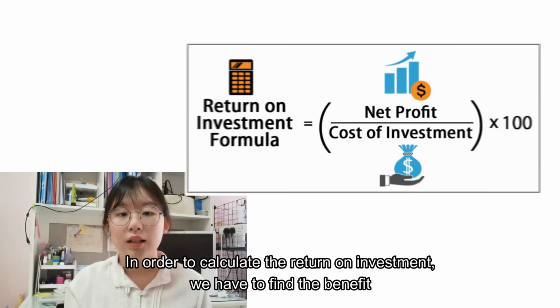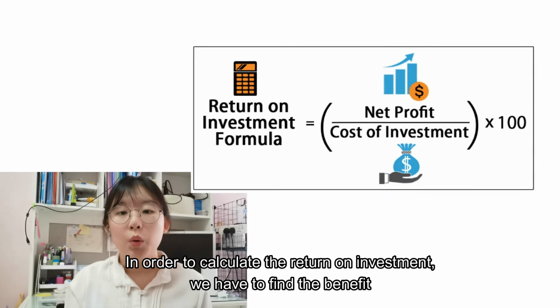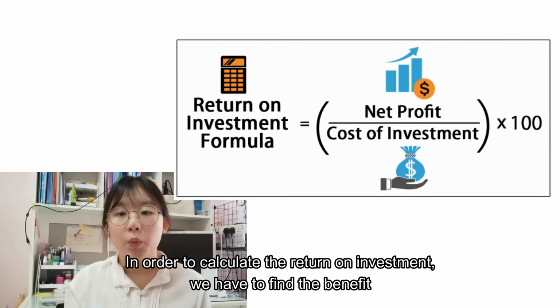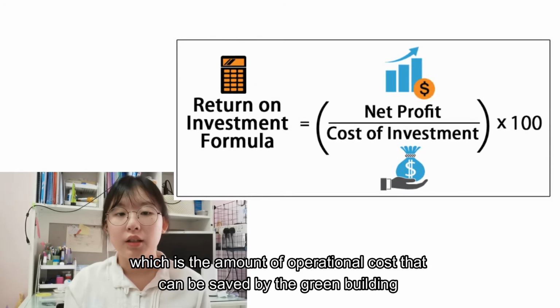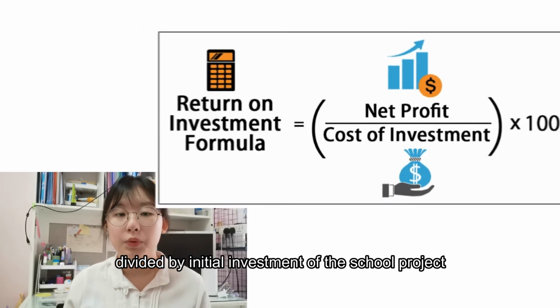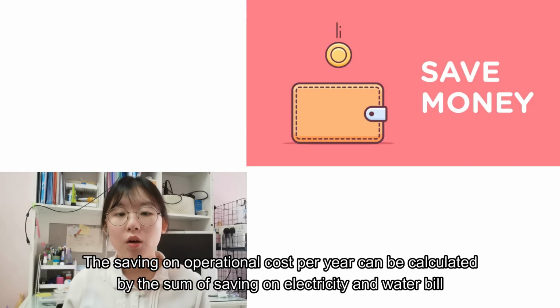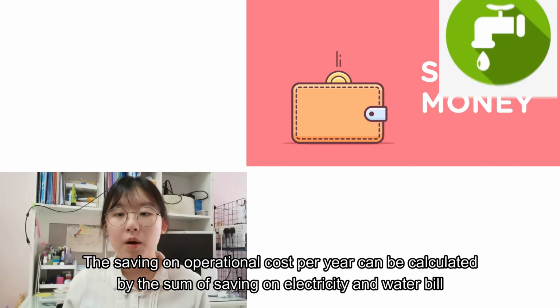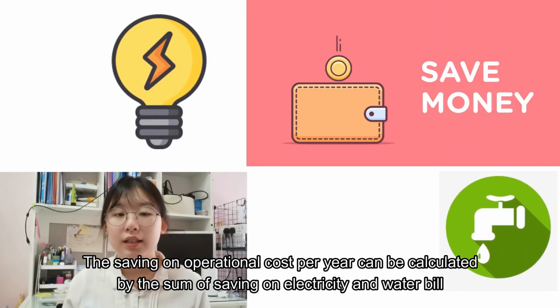In order to calculate the return on investment, we have to find the benefit, which is the amount of operational cost that can be saved by the green building, divided by the initial investment of the school project. The saving on operational cost per year can be calculated by the sum of saving on electricity and water bill.